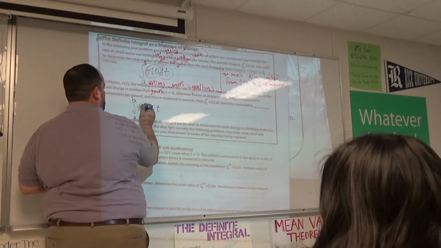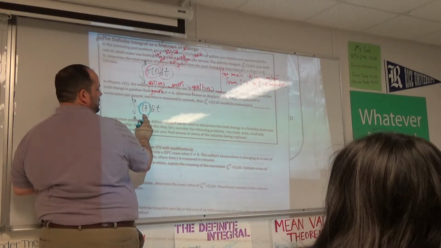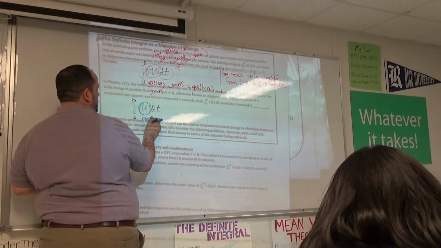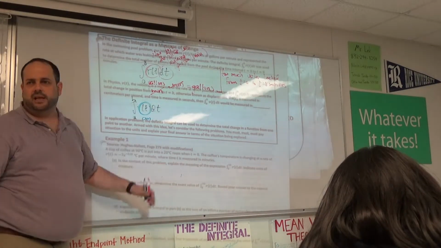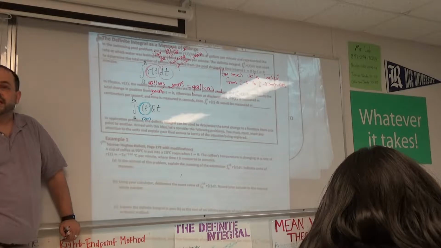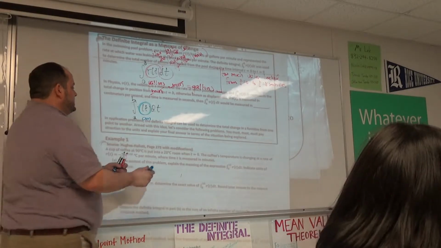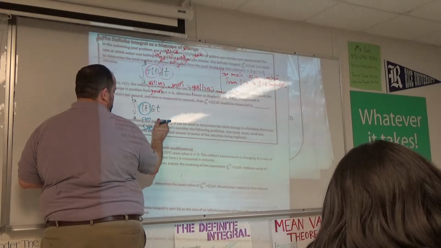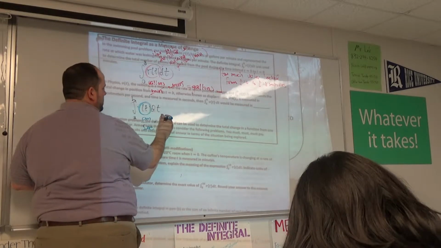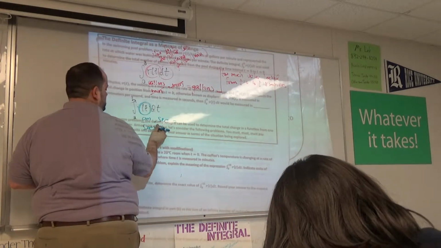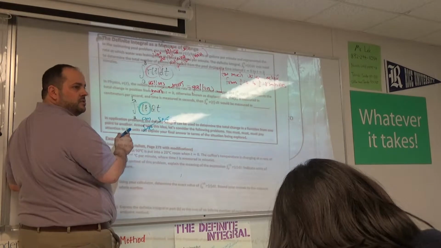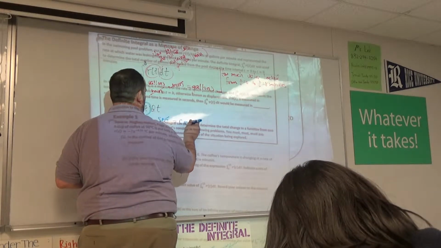V of t, what are the units? Centimeters per second. Some people are still flashing back to gallons here. V of t is centimeters per second, and the time is measured in seconds. Seconds in the denominator, seconds in the numerator. My units are going to be centimeters.